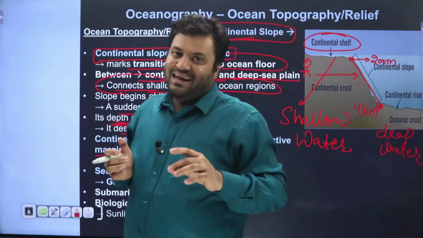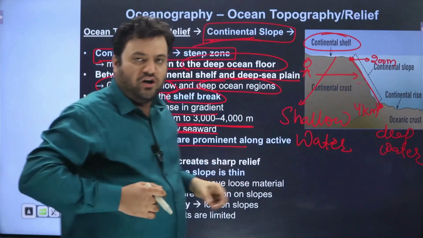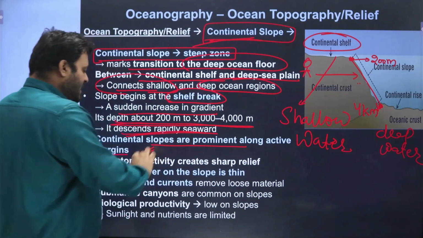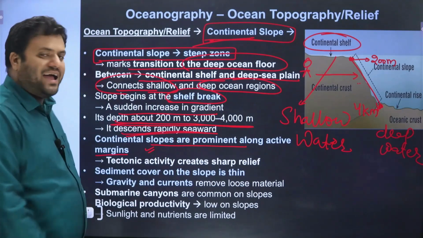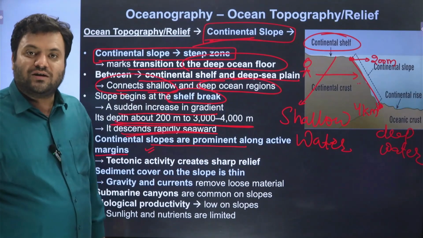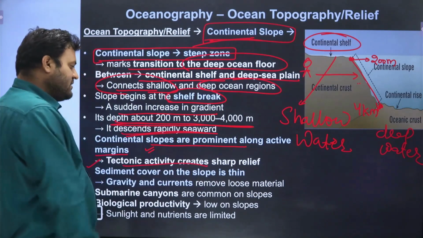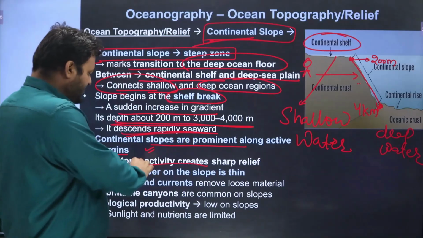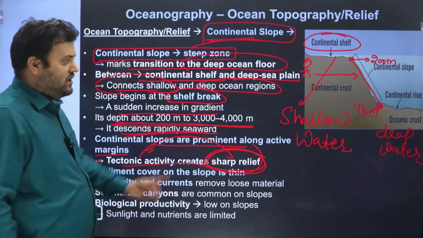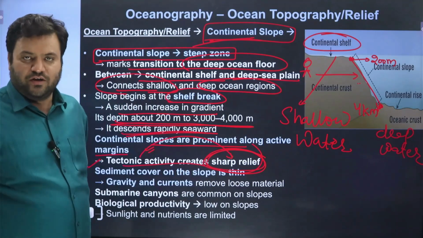Tectonism will lead to bending or destruction of the continental slope, so slopes are very much present at active margins, where you have subduction, where two different tectonic plates converge. Tectonic activity creates sharp relief, or the continental slope. However, it would take thousands, millions, or billions of years to form.